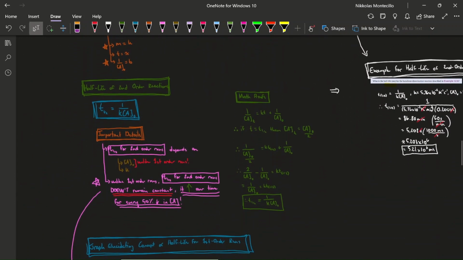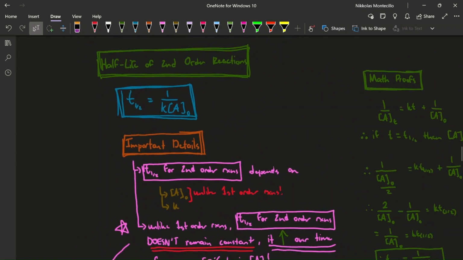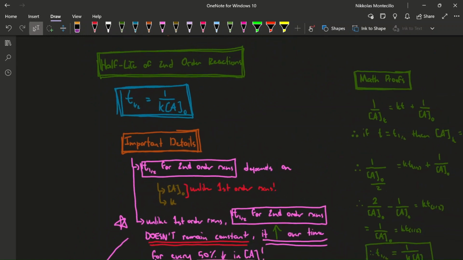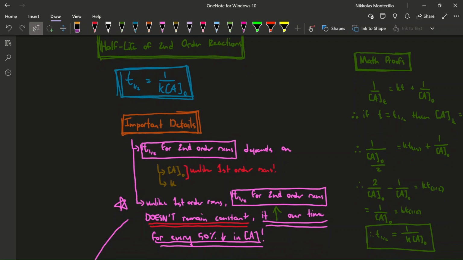Next, let's move on to the half-life of second order reactions. The half-life for second order reactions is equal to 1 over the rate constant k times the initial concentration. This is different from first order reactions, where the half-life was ln 2 over k. So let's consider some important details.